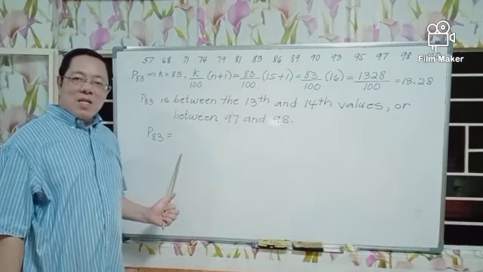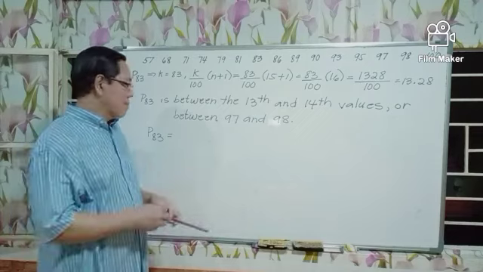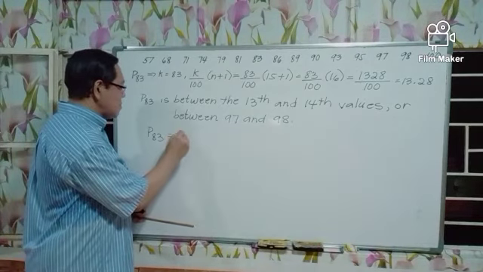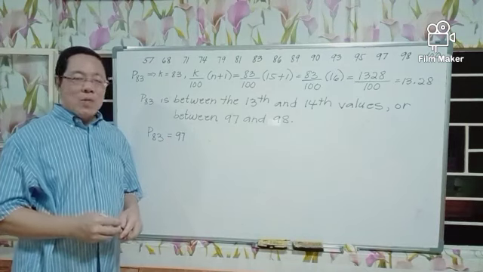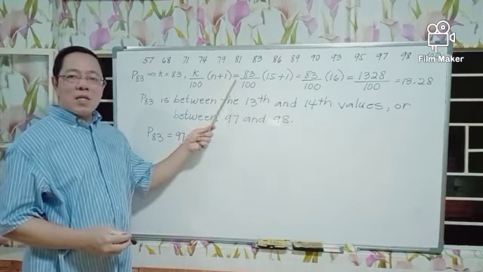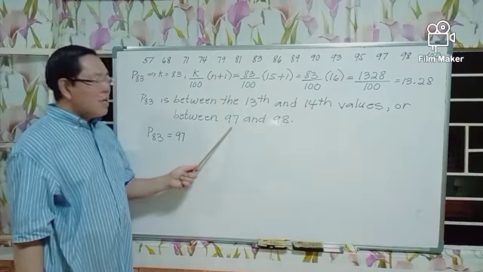So the value of the 83rd percentile, we are sure, is more than 97. Hence, to 97, we add some value which is equal to 83 over 100 of the distance between 98 and 97.